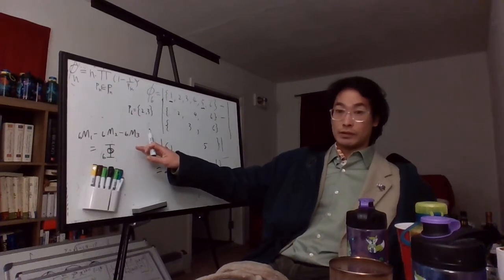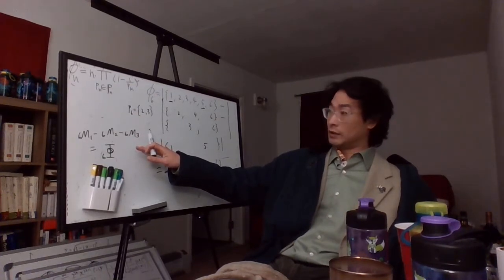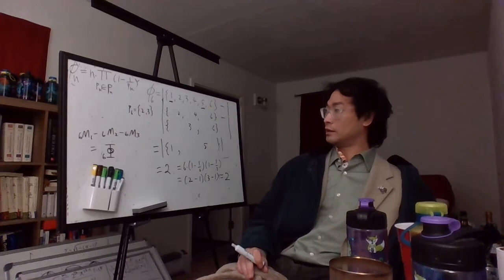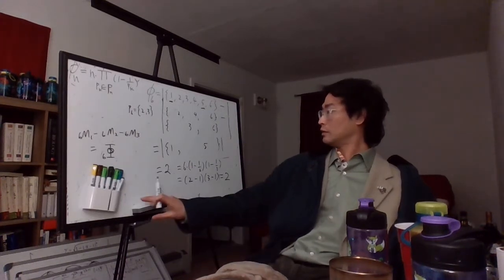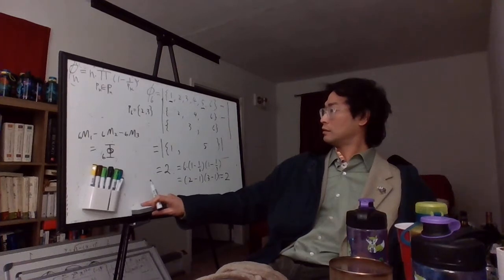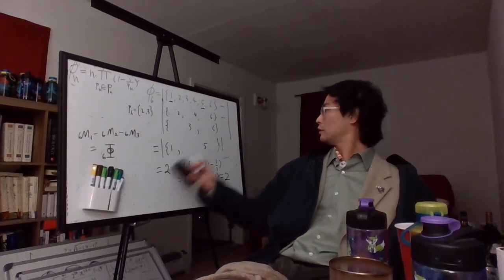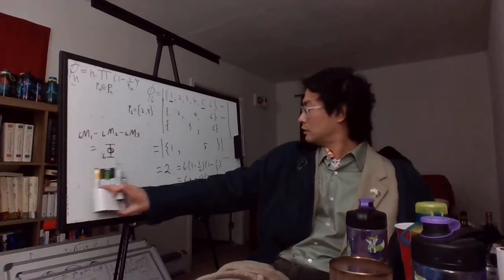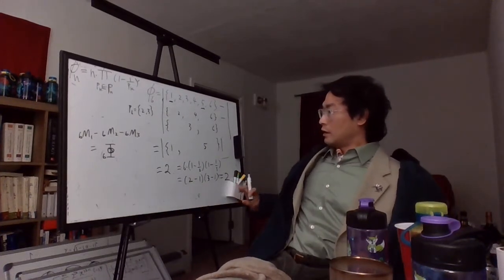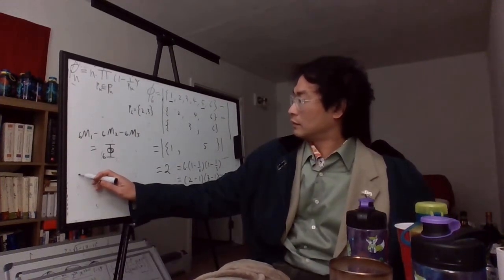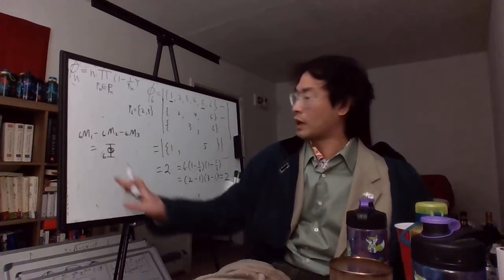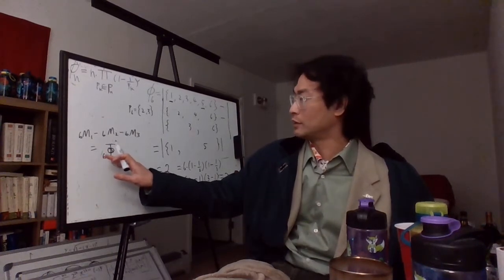It's very obvious now, right? Very obvious. Because coprimes, so the number of coprimes under six.